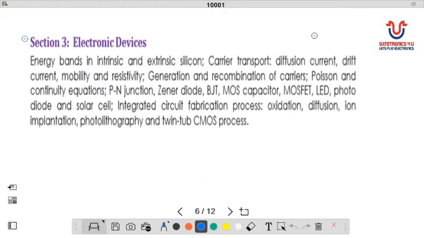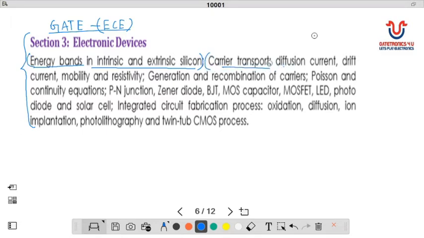So this is the GATE syllabus of ECE, that is the electronics branch. In this syllabus, the first one is energy bands in intrinsic and extrinsic silicon. The second is carrier transport and diffusion, where there are diffusion current and drift current phenomena, and mobility and resistivity.